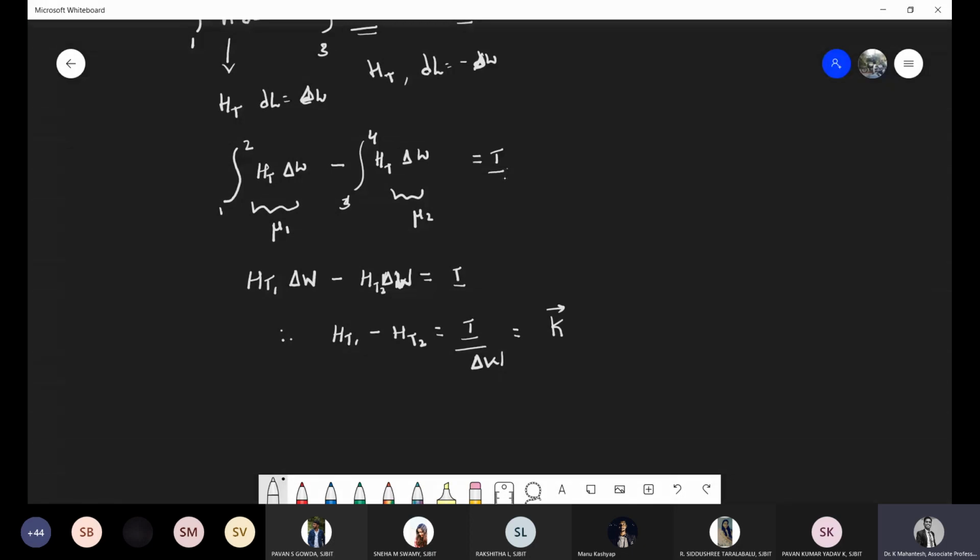What is this k? K is the surface current density. And obviously at a boundary, it is constant.